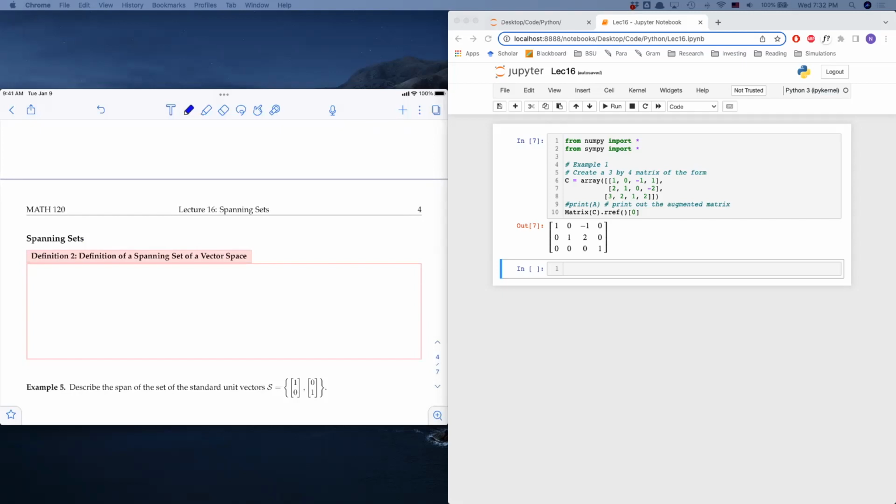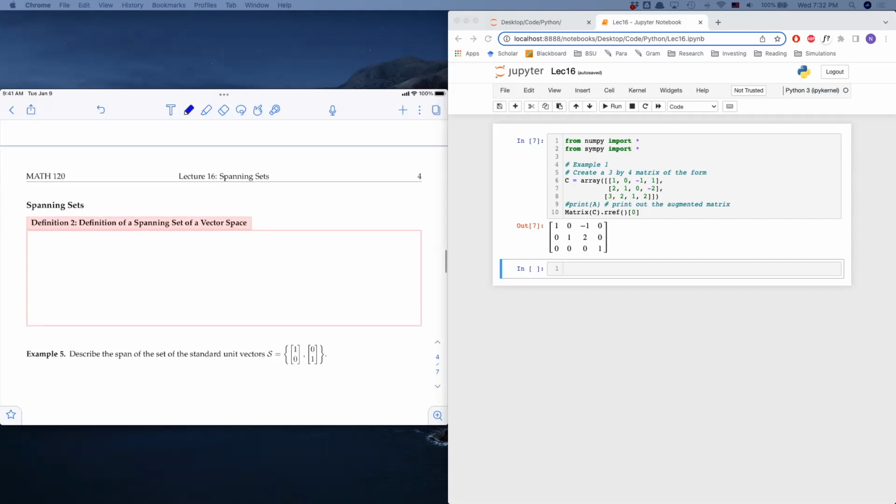All right, so let's write down the definition. I have a set S equal to v1, v2, up to vn. So I have n vectors in this set.